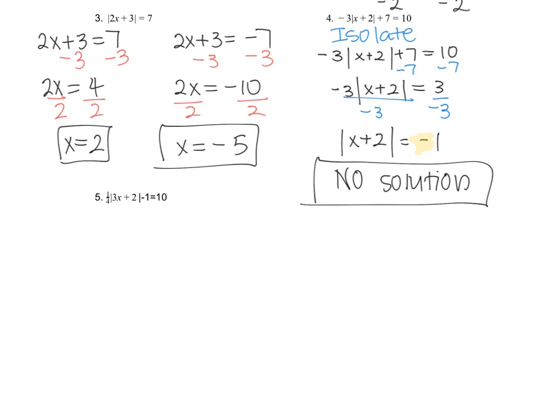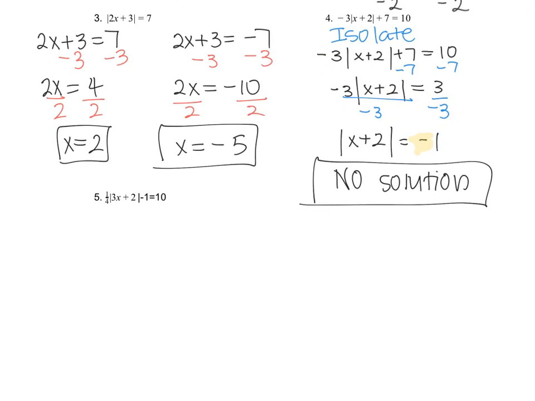So number 5, we have 1/4 times the absolute value of 3x plus 2, minus 1 equals 10. So very similar to the problem we just did, we need to isolate the absolute value.